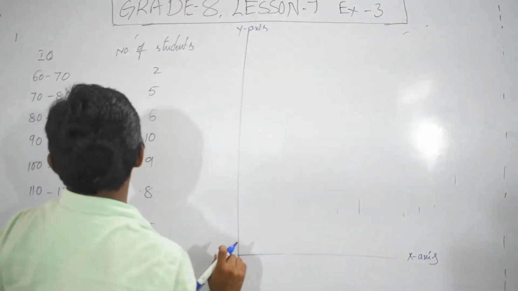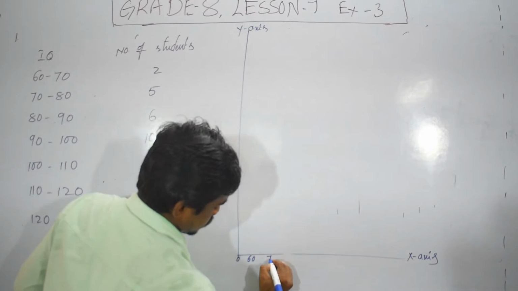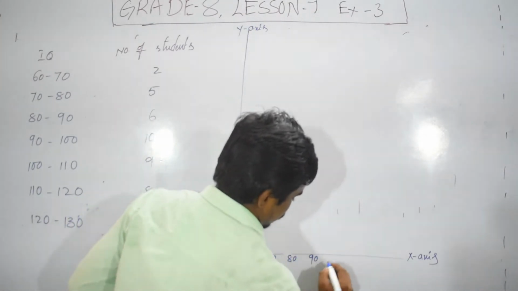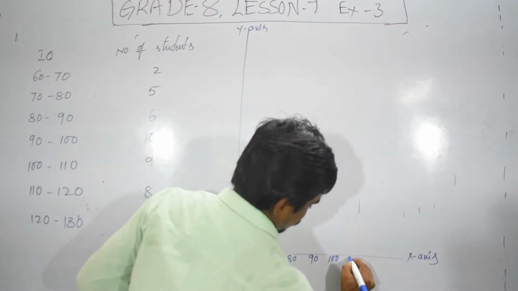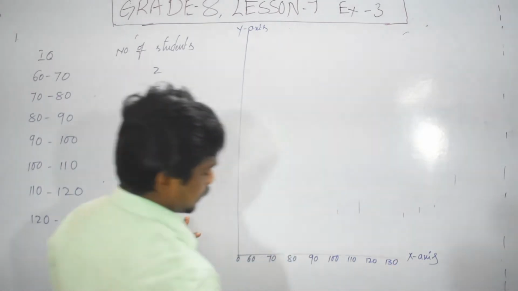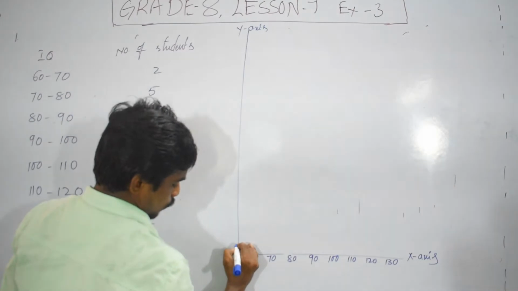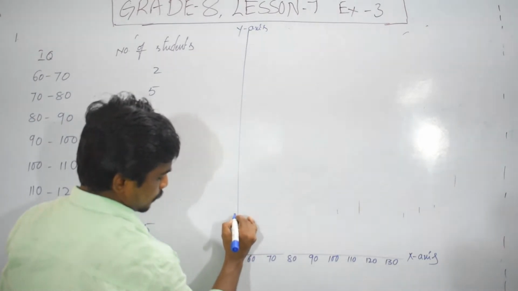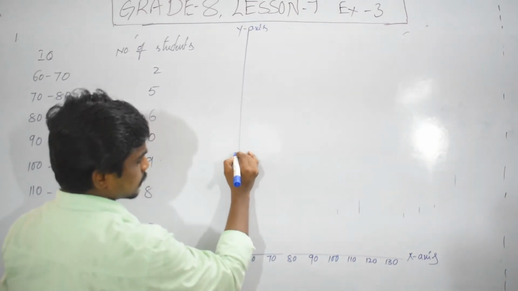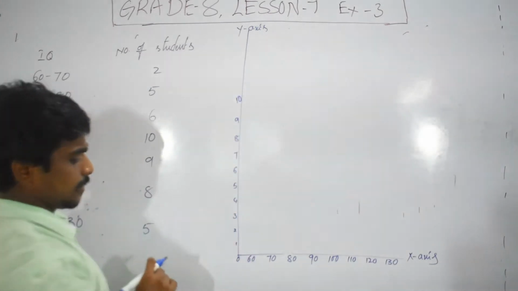On the x-axis we are taking IQ: 60, 70, 80, 90, 100, 110, 120, 130. On the y-axis: 1, 2, 3, 4, 5, 6, 7, 8, 9, 10.